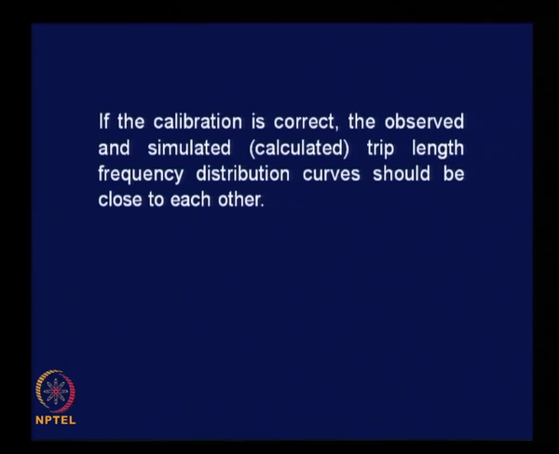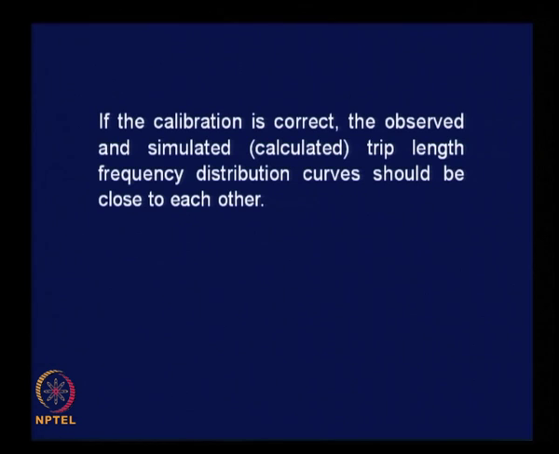We have the observed values of trip length frequency. Then we distribute the trips using the gravity model. After distribution, you can get the numbers corresponding to each of the trip lengths, because for each trip length you are going to have a different function. So you will have the total number of trips.